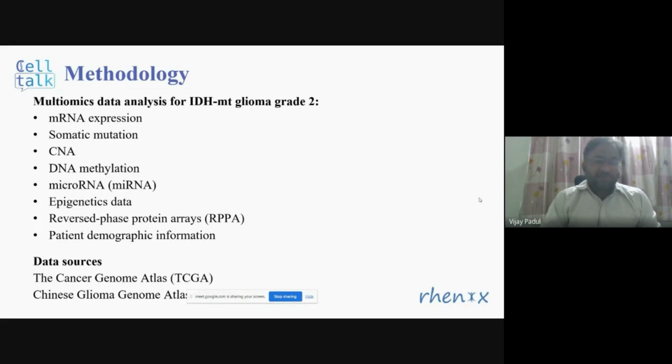In the proteomics aspect, reverse phase protein array, that is RPPA, data was analyzed, along with patient demographic and clinical information such as grade, gender, etc. They did this multi-omic analysis on two data sources: first, the Cancer Genome Atlas Glioma project, which makes this data available online, and another, the Chinese Glioma Genome Atlas project.